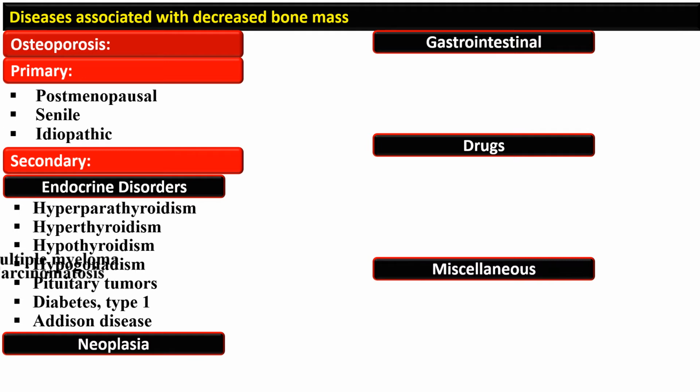Then neoplasia. Neoplasia are also associated with osteoporosis, such as multiple myeloma. The plasma cells are abnormal or malignant in multiple myeloma. So these abnormal or malignant plasma cells secrete osteoclast activating factor, and this osteoclast activating factor is basically responsible for the damage.